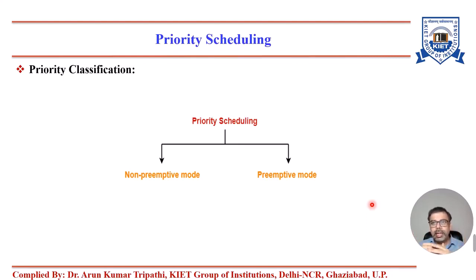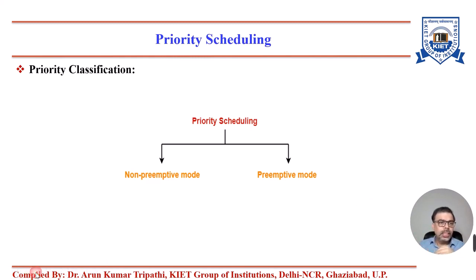That means until the executing process completes its execution, no process can snatch the processor from it. While in case of preemptive, if a higher priority process arrives, the processor will be snatched from the lower priority process that is executing and allocated to the higher priority process.